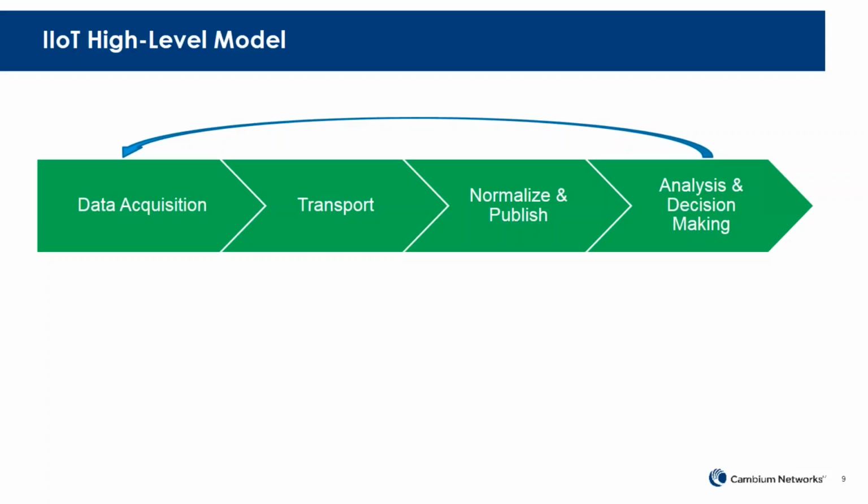So that moves into that transport area. And then once it's transported back to the cloud, the first level at the cloud is to take that information and normalize it, make sure it's all in the same format, and then publish it to all of the different potential users of that data. And that's where that last bar is, where it talks about analysis and decision making.